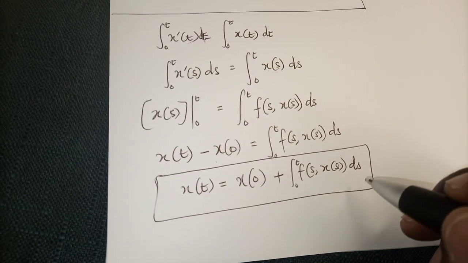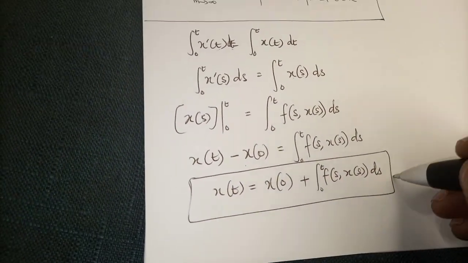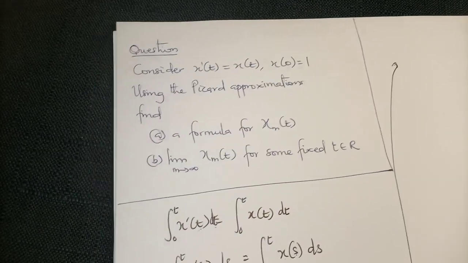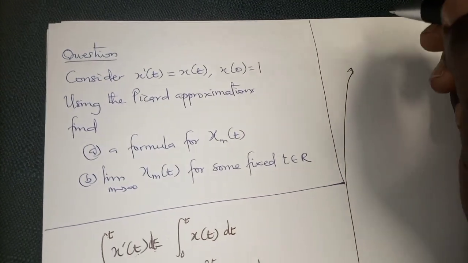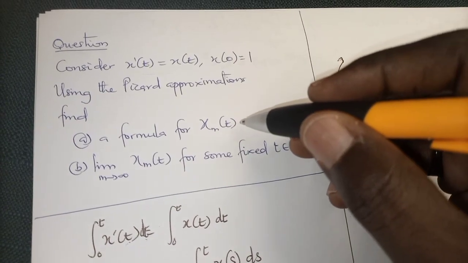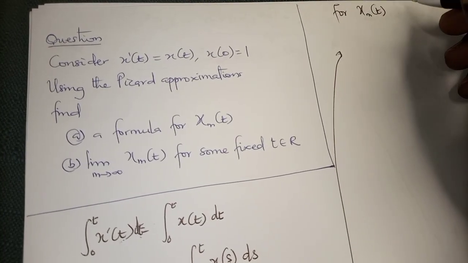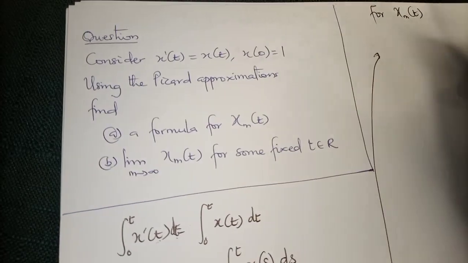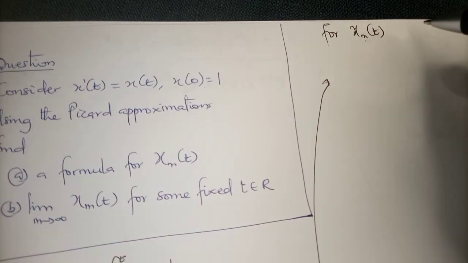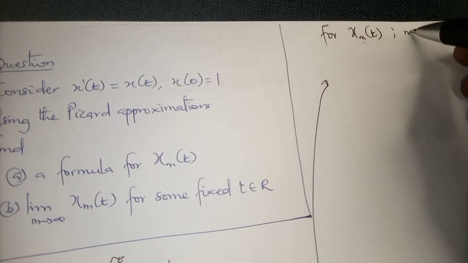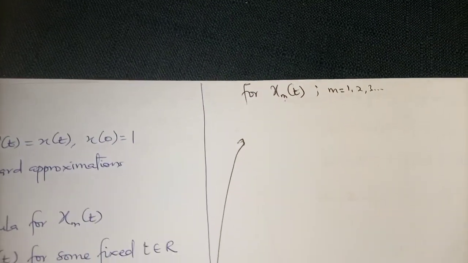So in this case, since we are to use x sub m of t, we make m a set of integers, so m equals 1, 2, 3 and going on.